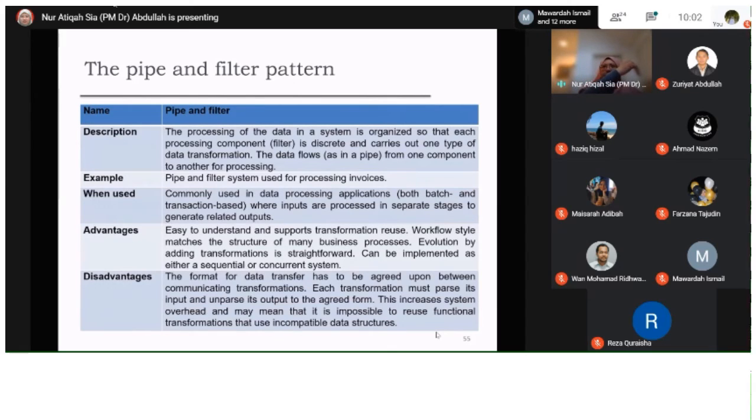Karena output of one process will be the input for another process, you kena agree upon the communication transformation or interface between the output and the input. Once you disagree on it, then the process cannot continue.